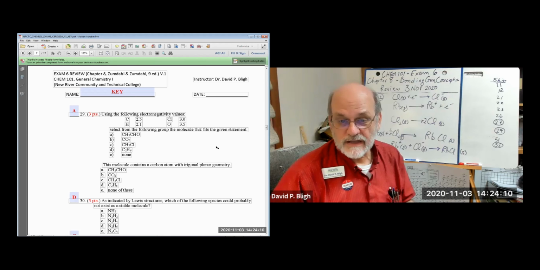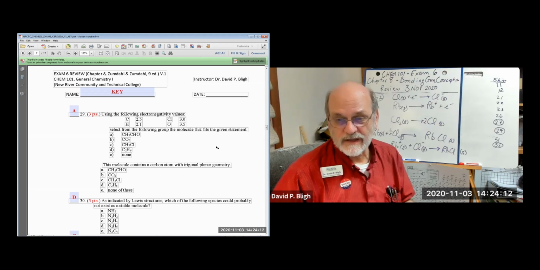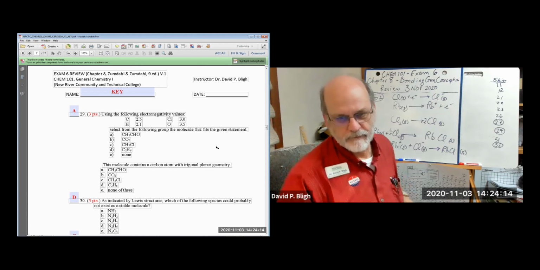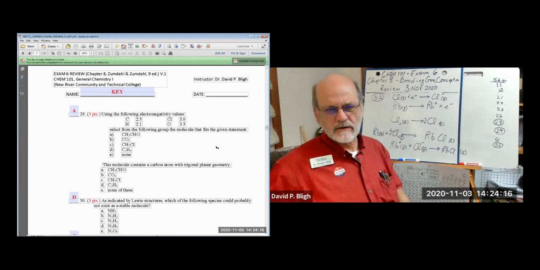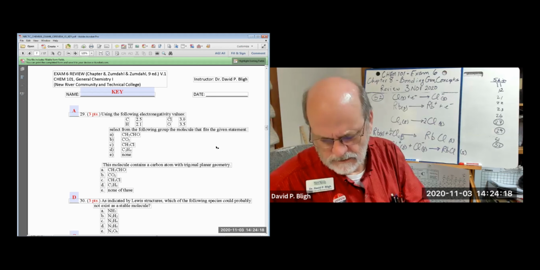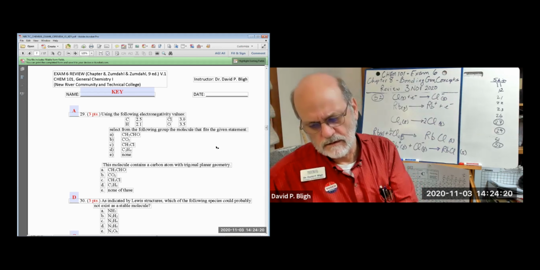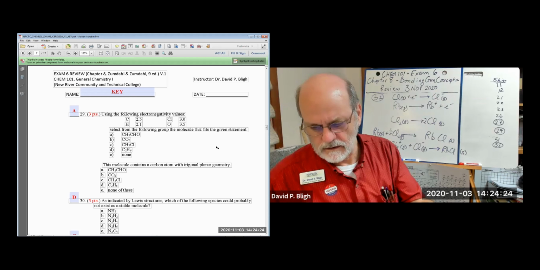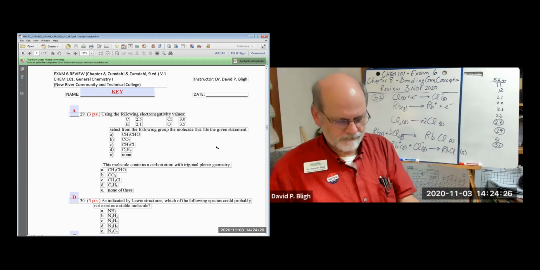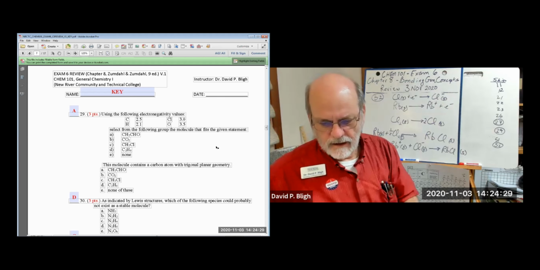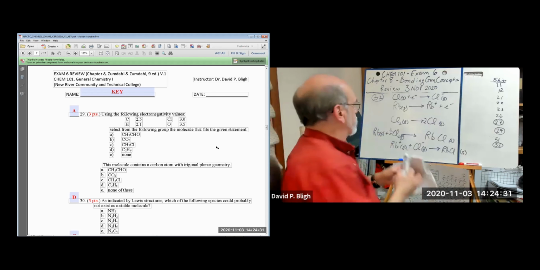This molecule contains a carbon atom with a trigonal planar geometry. Not that we need electronegativities for that one. 29. Okay, let me attack this one and see what I come up with.